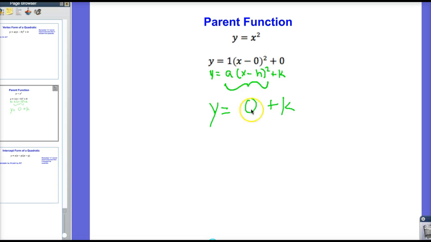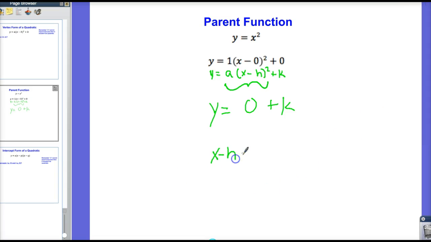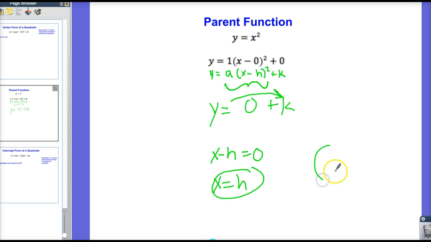Well, where does this equal 0? We just talked about that. That's going to be 0 when x minus h is 0. So that's when x equals h. So y is going to be k whenever x equals h, which means h, k for our vertex.